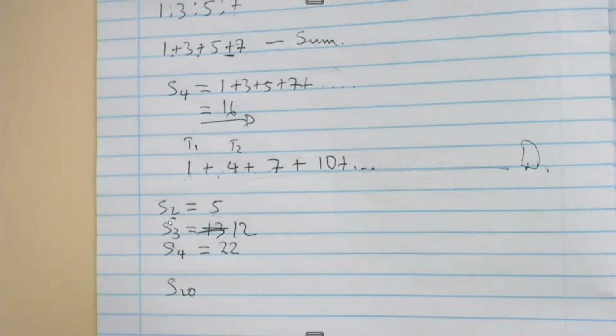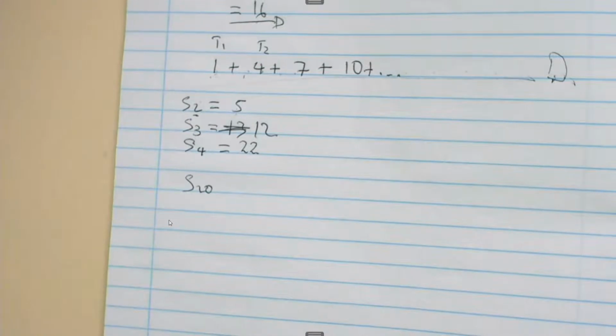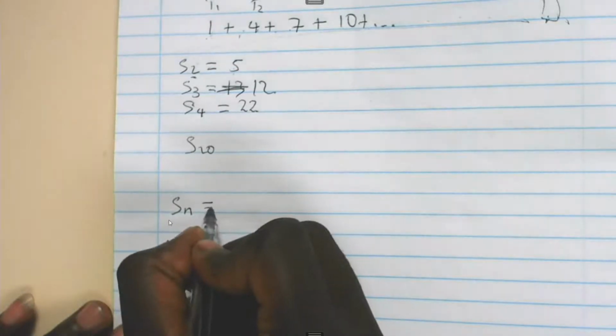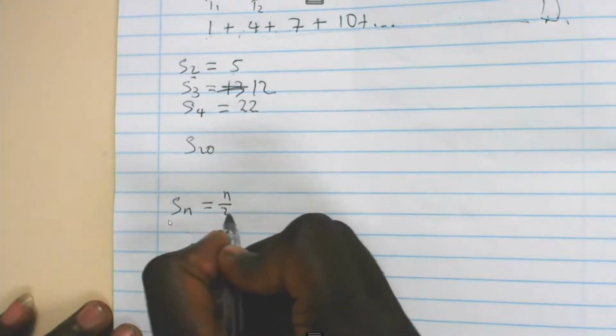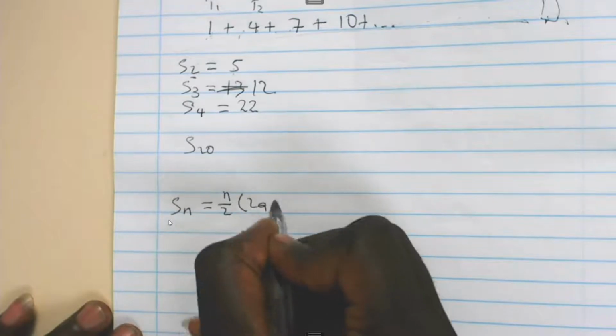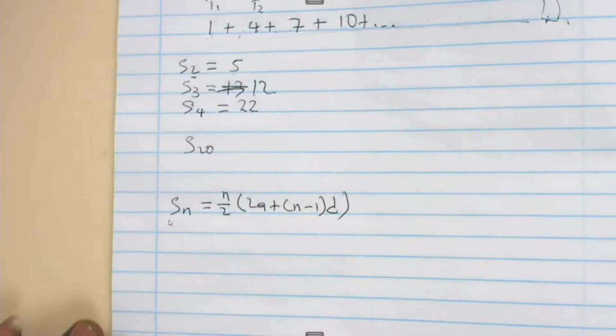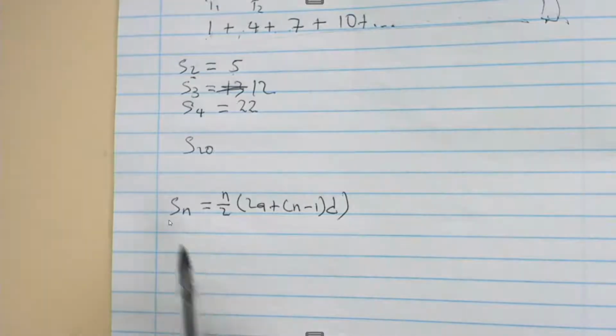But for the sum also, we have a formula for summing up the terms of an arithmetic sequence. The formula is Sn equals n over 2 into 2a plus n minus 1 by d. This is the formula that is used to sum up the terms of an arithmetic sequence.